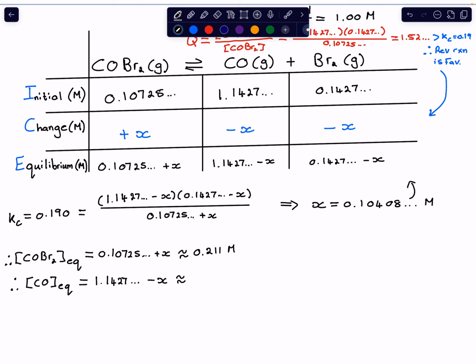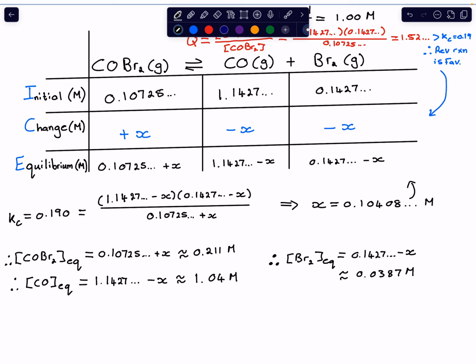So that gave me 1.04 molar, and the concentration of bromine at equilibrium was equal to 0.1427 and some numbers minus x, and rounded, that was equal to 0.0387 molar.